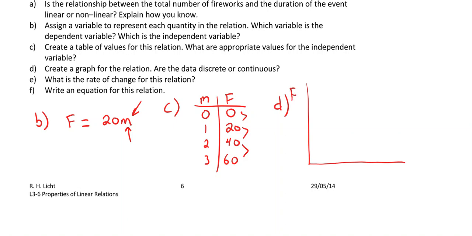This will be our dependent variable. And then M on the bottom. And then technically, we should be writing what we're measuring this in. So this would be in minutes. And then F, you'd want to describe it as number of fireworks.